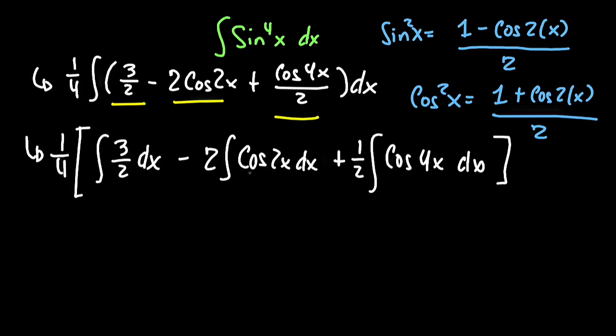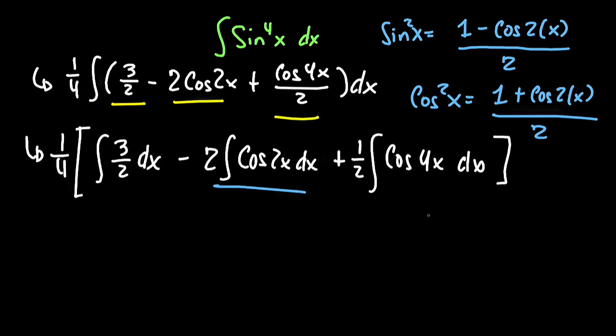So we cannot simply integrate cosine of 2x here because we have a variable that is not single. Know that based on your formulas, the integral of cosine of x would be equal to sine of x. But remember, it is only x, not 2x. So what we would want to do here is to make a u substitution in order to have a single variable.